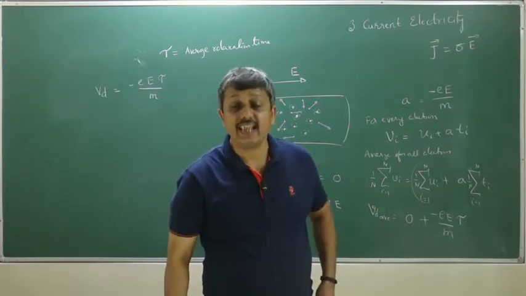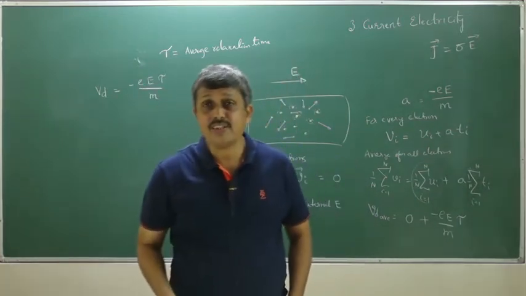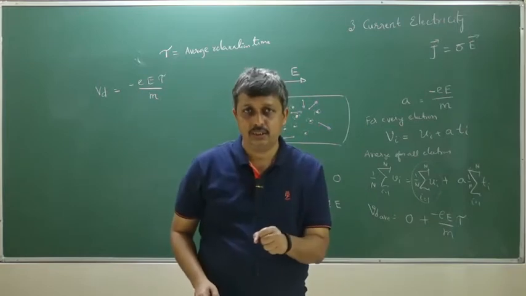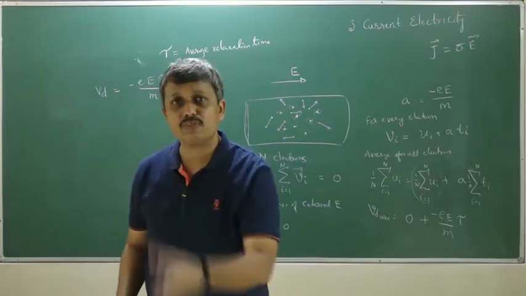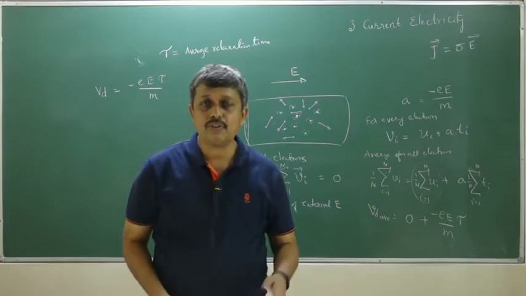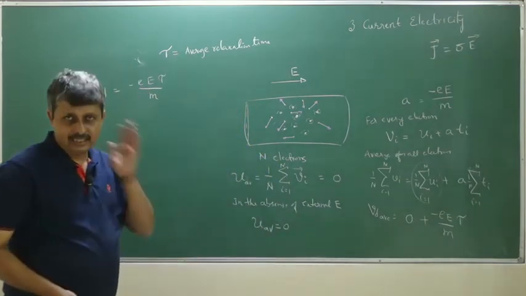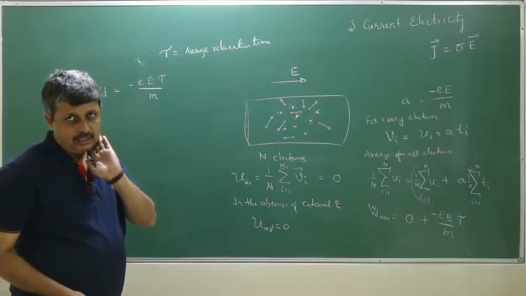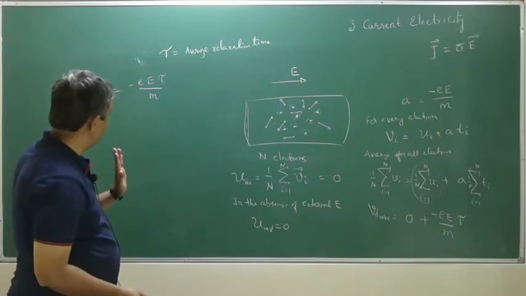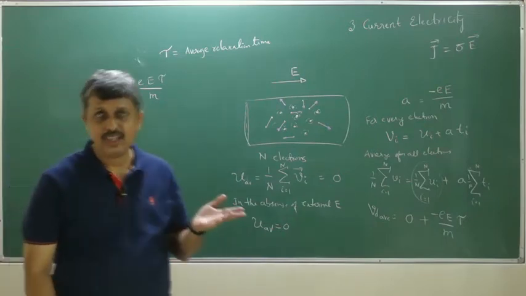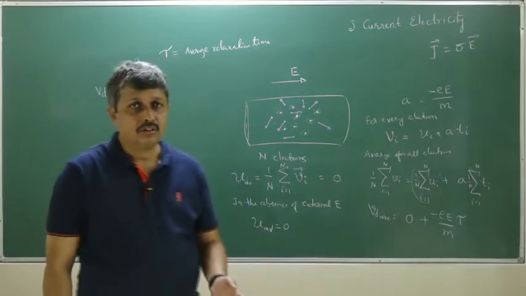Why are we doing this? We need this drift velocity to calculate the amount of charge that is flowing. Let us say in some delta t time the charge is flowing.